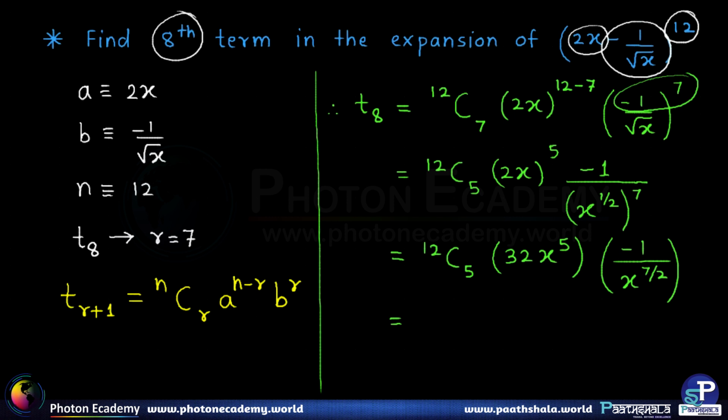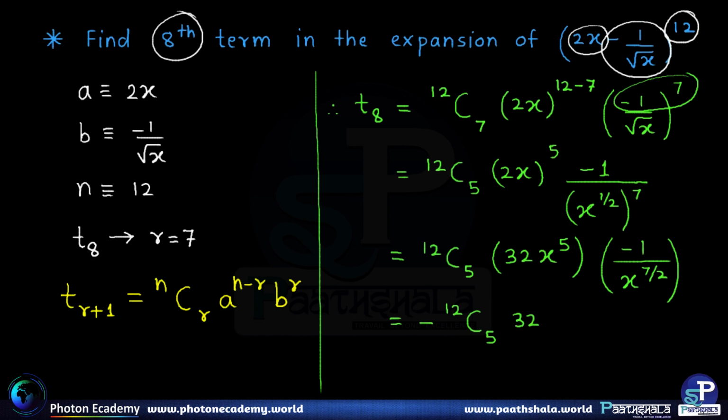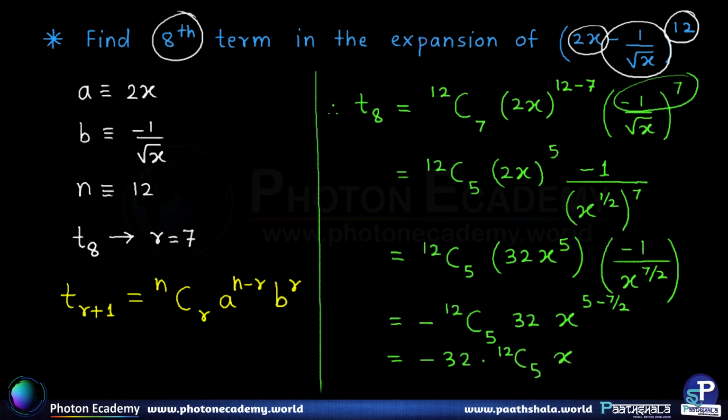Let's take that minus term now outside, that is minus 12c5 into 32 x raised to 5 minus 7 by 2. So that gives us, I will write 32 first, 32 into 12c5 x raised to 3 by 2. So that's the 8th term in the expansion of the given binomial expansion.